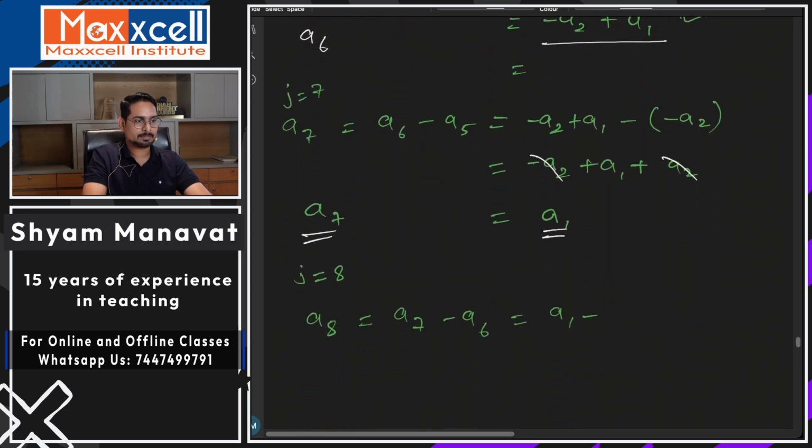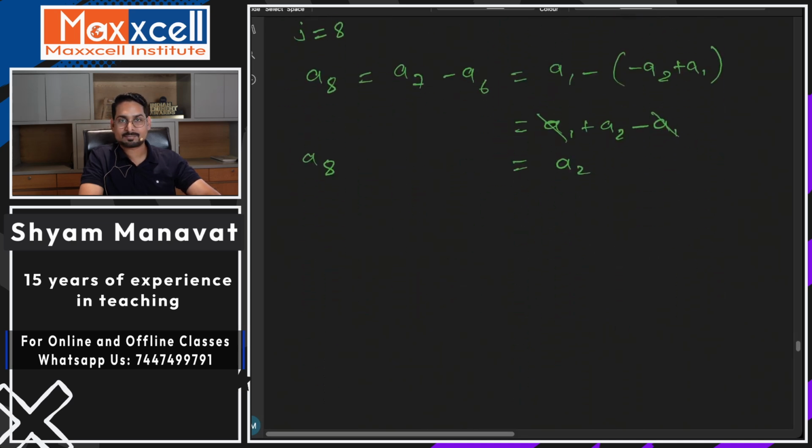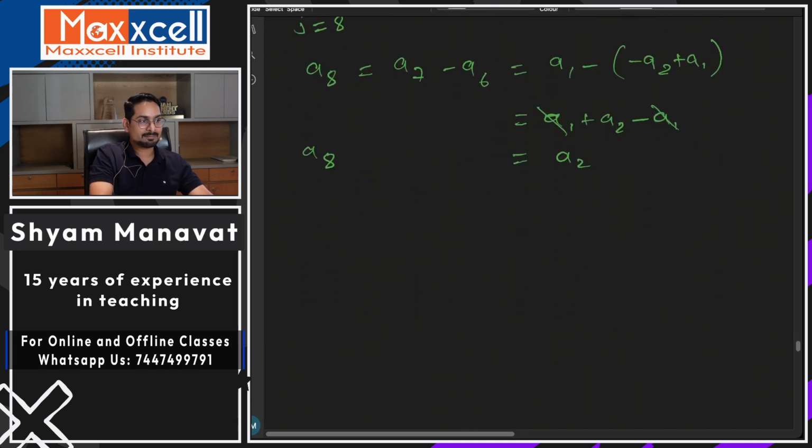So minus of minus A2 plus A1. Simplify this. Open the bracket. What do you get? A1 minus becomes plus A2 and minus A1. Look, this minus plus cancel and then you got A2. This is what I said. A8 is becoming A2. Yeah. So cycle is repeating after A6.